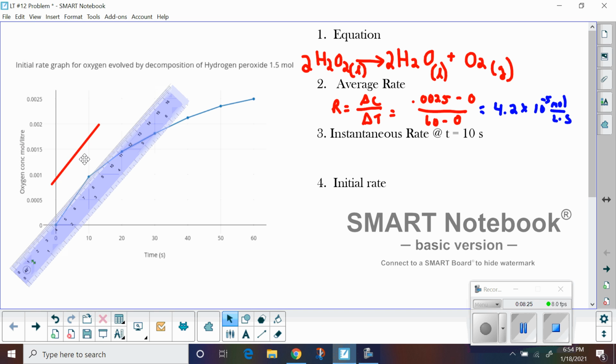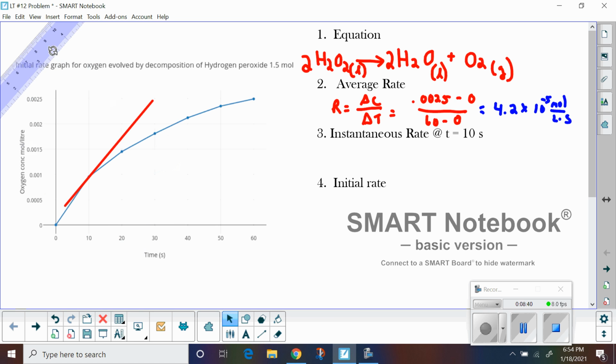So here comes my line, and I'm going to adjust it a little bit here. When I find the slope of that line, it's going to give me the instantaneous rate of reaction at t equals 10 seconds. I like to drop it all the way to the y-axis because it will give me a nice value which contains 0, makes my calculations easier.